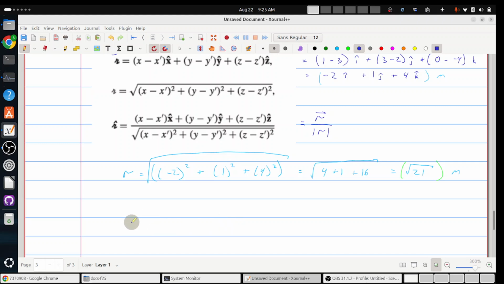Or we can go through and say, for this particular case, r hat is going to be minus 2 over the square root of 21 i hat, plus 1 over the square root of 21 j hat, plus 4 over the square root of 21 k hat.